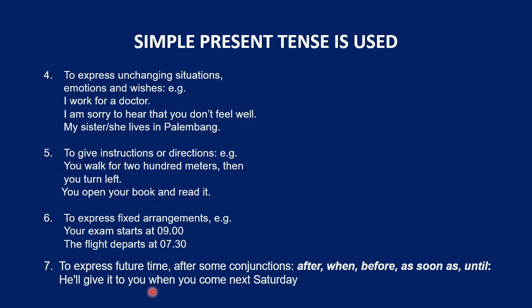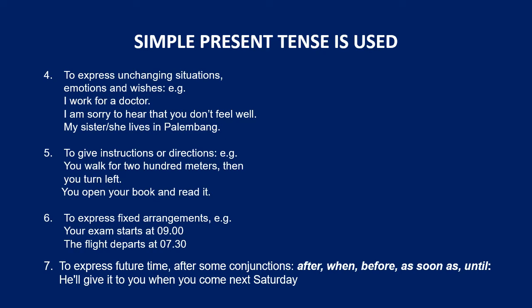Jelas ya rekan-rekan? You can celebrate after you have won the contest. I think that's all about how to use simple present tense. I'm very sure that all is clear now.